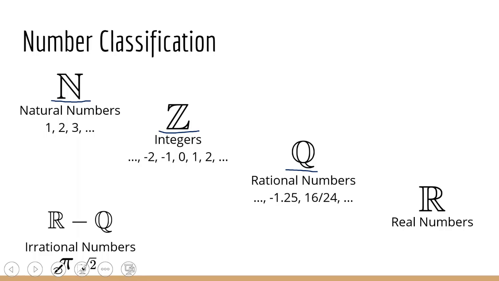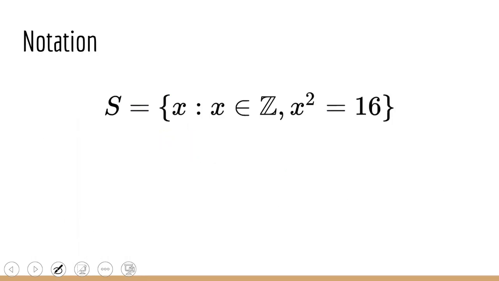There's also a category of irrational numbers. These are numbers in the real set that do not belong as rational numbers. Some examples of these would be pi and square root of 2, which you may recall has an infinite number of decimal places with no patterns.